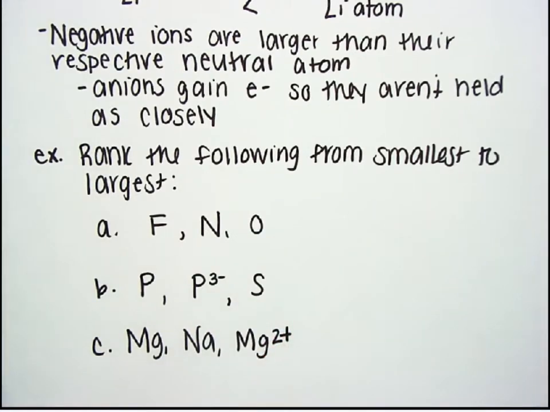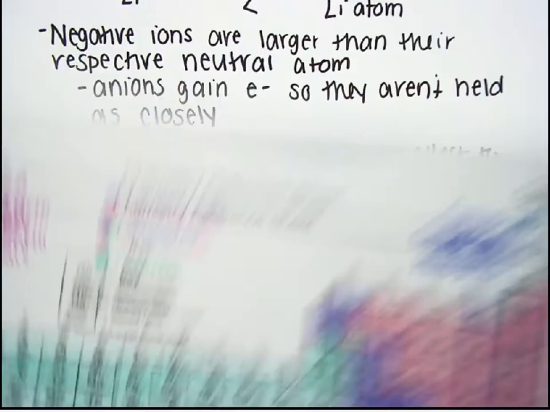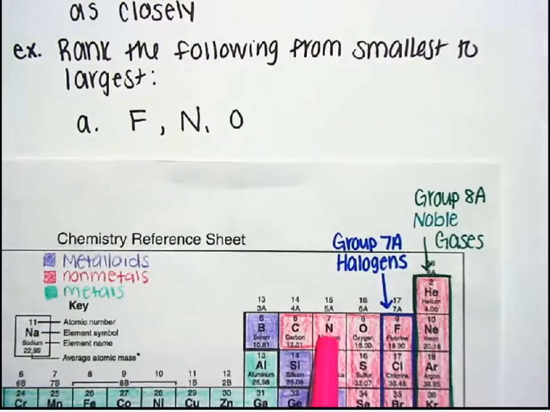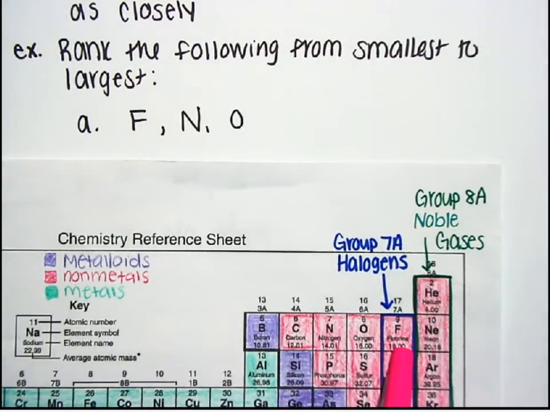Alright, so first one, we are looking at all atoms, no ions. I have fluorine, nitrogen, and oxygen. Fluorine, nitrogen, and oxygen are all in the same period.